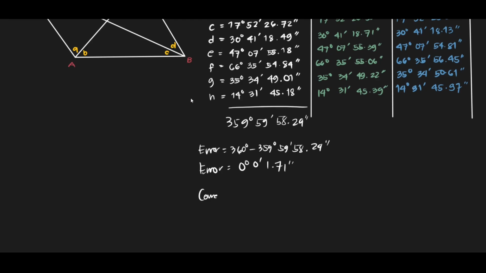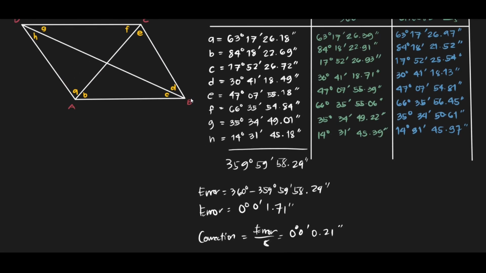Now the correction will be the error divided by 8 because there are 8 angles. Distribute them equally, so 0 degrees, 0 minutes, 0.21 seconds.